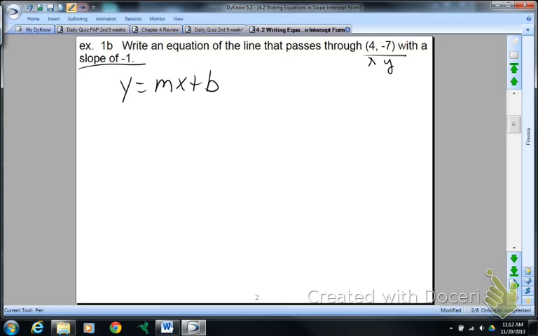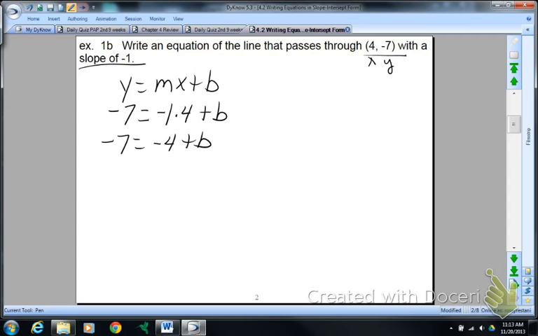We're going to plug that into the equation. You know what? I want y'all to do this. Okay, y is negative 7 is equal to m is negative 1 times x is 4 plus b.